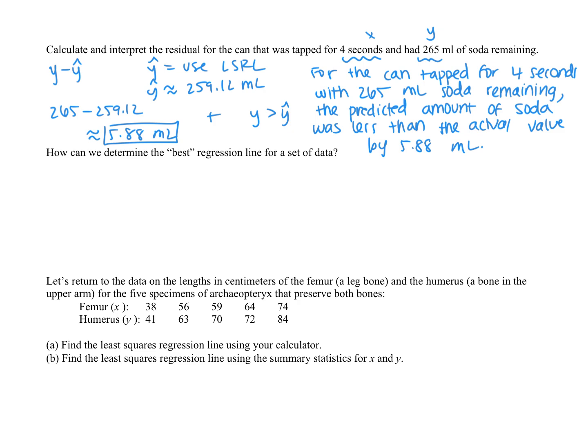You could also say the actual value was higher by 5.88. But the idea is a positive residual means your prediction was too low.